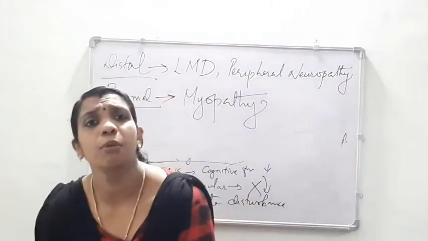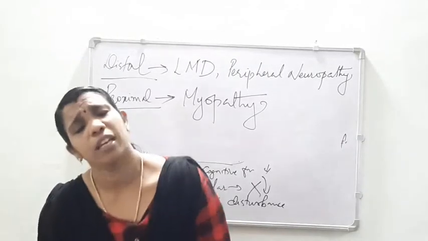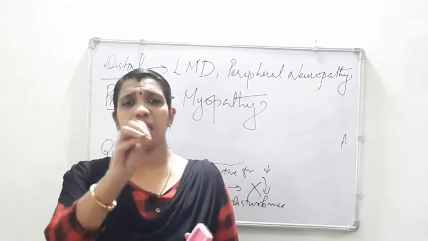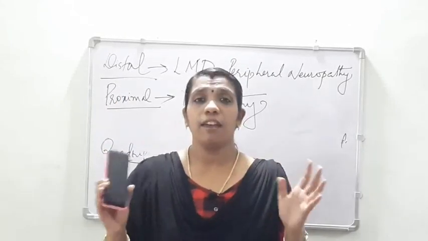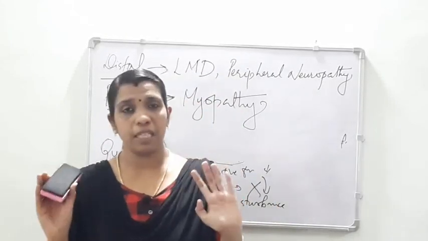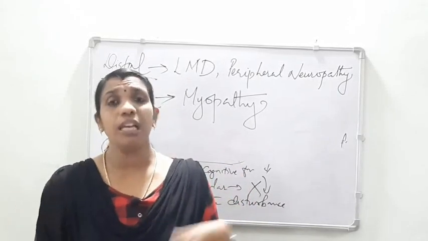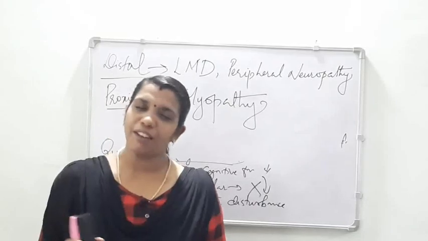So we have discussed the different types of weakness. Now it is very easy for you to know about the investigation. I will say some of the investigations or evaluation. How will you evaluate a patient with weakness? When a person complains of weakness, you go to the history every time.